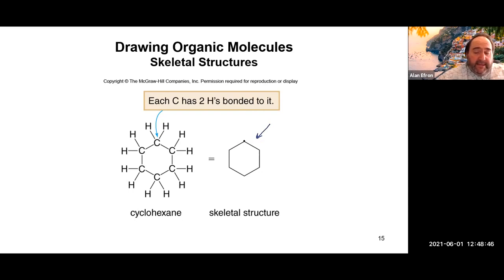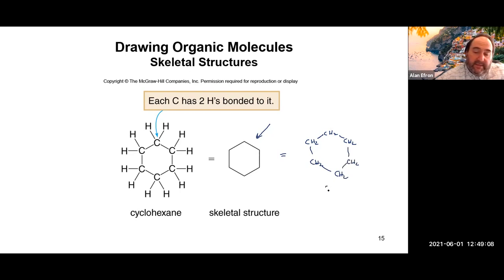And at each of these points is a carbon with the appropriate number of hydrogens. So for example, this guy should have 2 hydrogens, 2 hydrogens, 2 hydrogens, 2 hydrogens, 2 hydrogens, and 2 hydrogens.